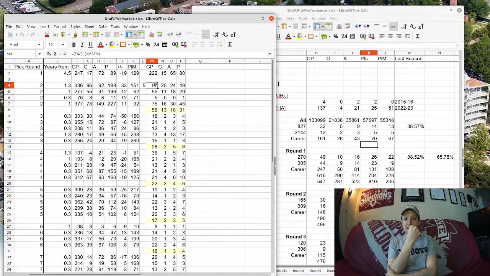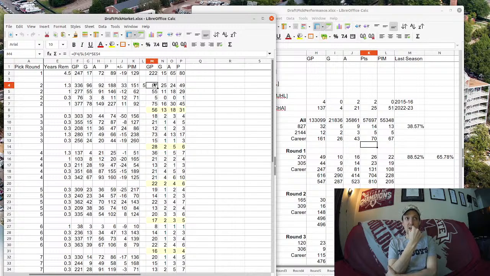Also, because of what we discovered on the right side, which I'll get to, the frequency of players playing in the NHL is not so high.